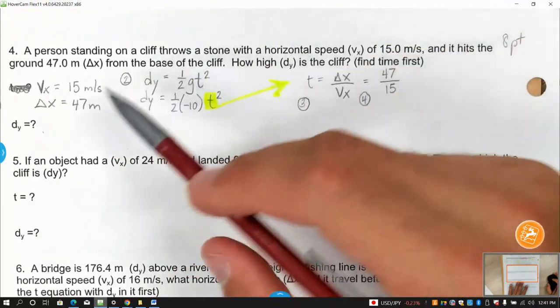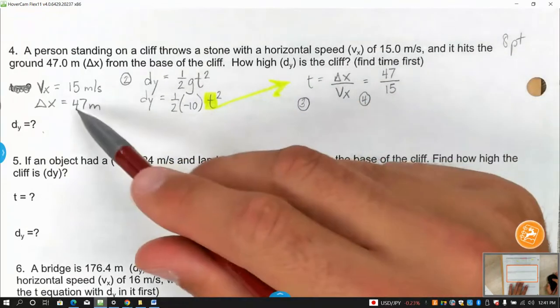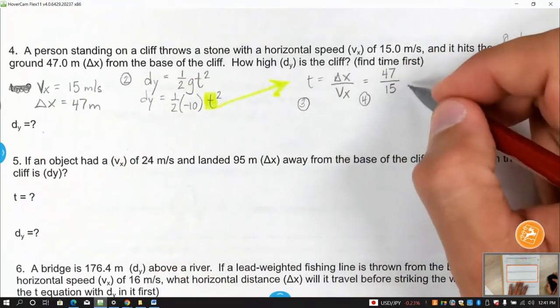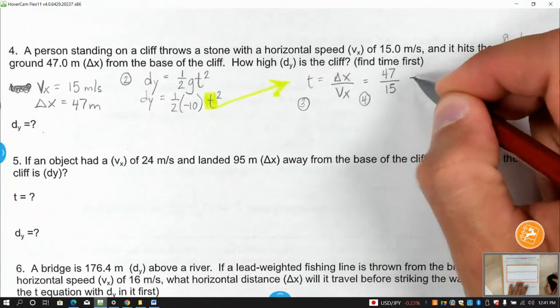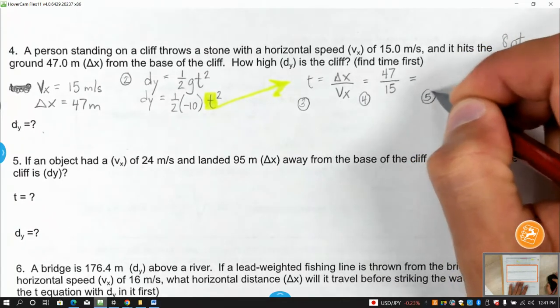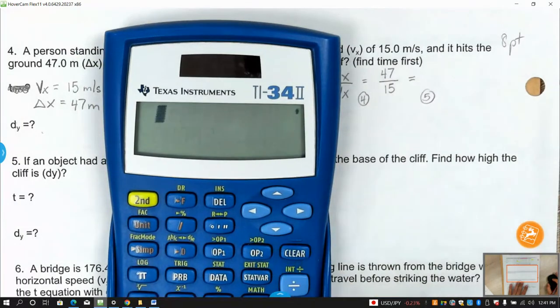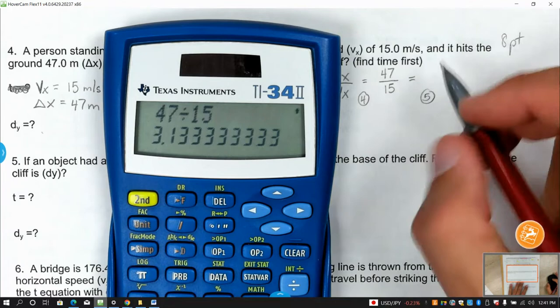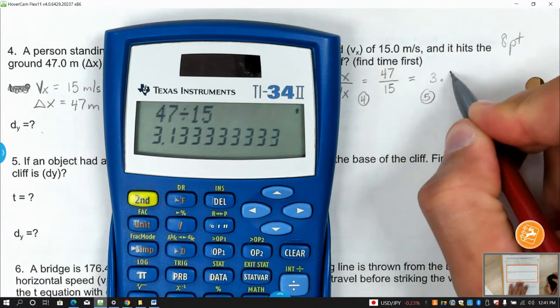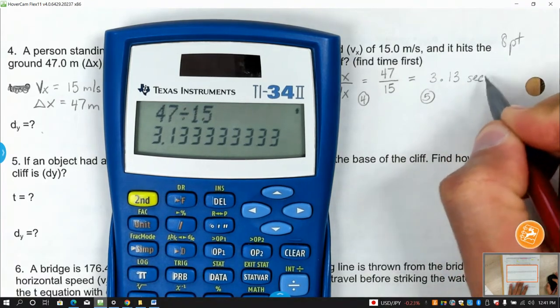Make sure you're putting the right number with the right variable. So that is your fourth point. Your fifth point would be get that answer. In your calculators, 47 divided by 15, round it to 2 decimals, 3.13 seconds.